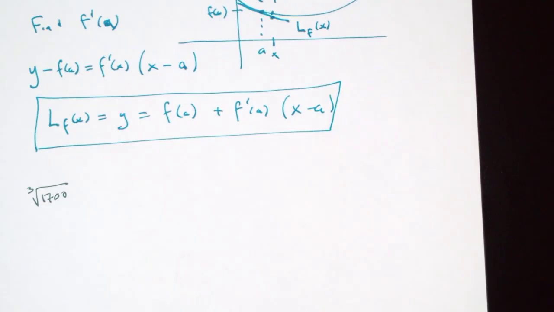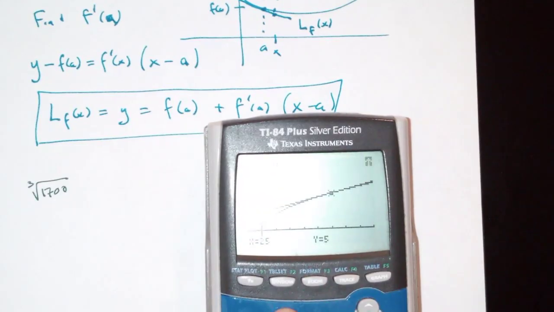Small motorcycle? Who knows? But now I need to know a number whose cube is near 1700. And it turns out there's actually a really nice number whose cube is near 1700. 12 cubed is 1728.